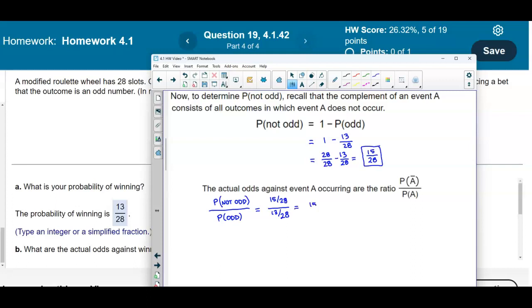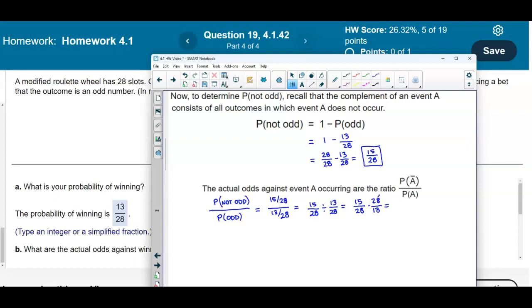This is the same thing as taking 15 over 28 divided by 13 over 28. We can take the reciprocal of 13 over 28 and change this to multiplication. So this becomes 15 over 28 times 28 over 13.